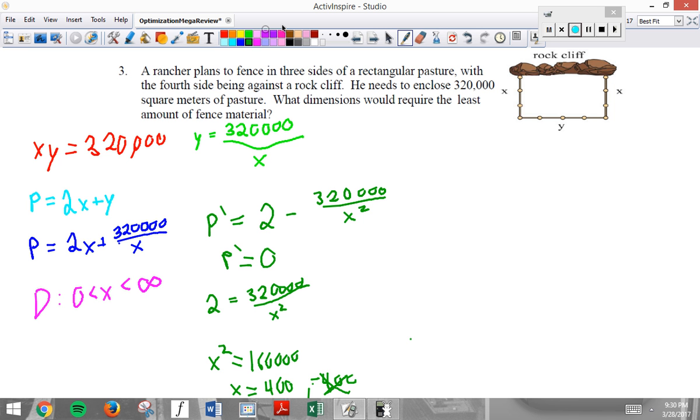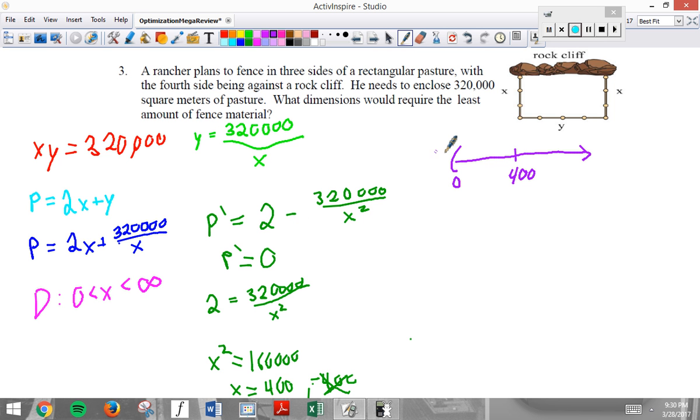So, here we go, people. 0 on to infinity, with 400 smack dab in the middle. Between 0 and 400, what kind of number is this going to be?